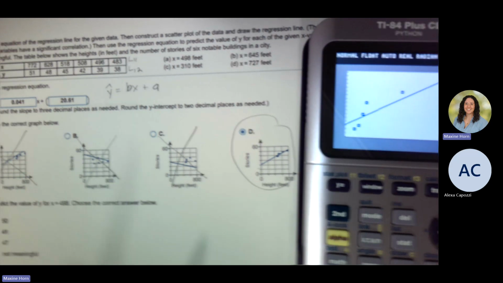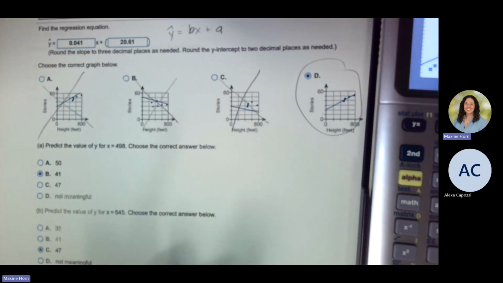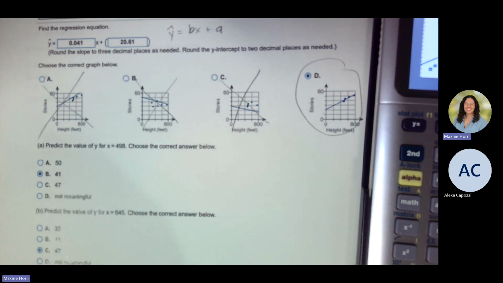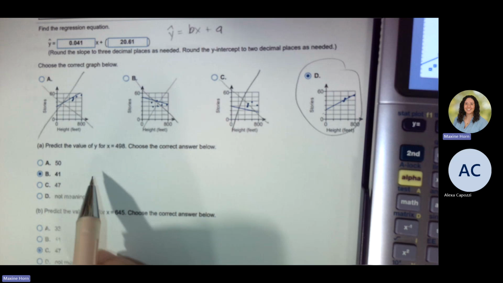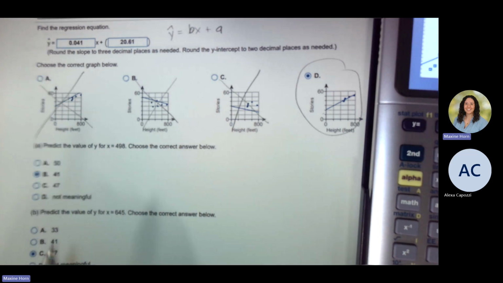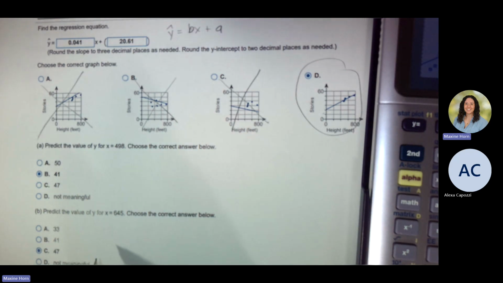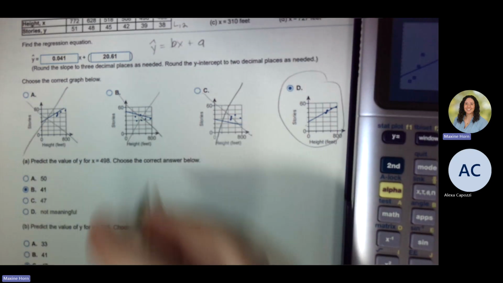Okay. All right. Now they want us to predict the value of Y for X equals 498. Okay, I know I said that I wasn't going to show you how to do this because of time, but I'm going to show you how to do this because it's just so much easier. So we can absolutely do what we did on the last one where we have our equation, which, by the way, real quick, what's our equation?